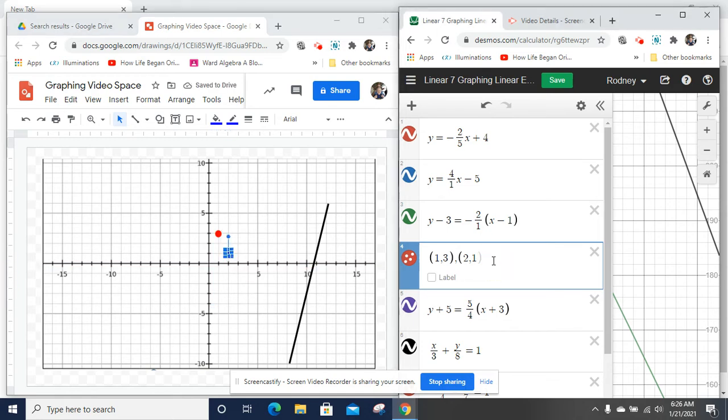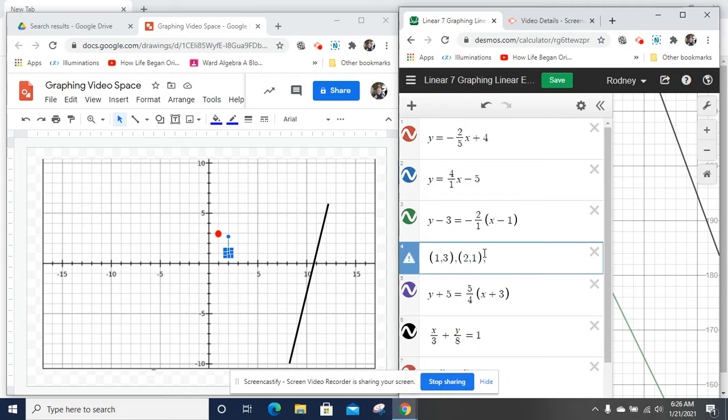Now, there's no reason I had to do down 2 over 1. I could have done up 2 back 1, because that negative could have been attached to the denominator instead of the numerator. Because negative 2 over 1 is the same as 2 over negative 1.